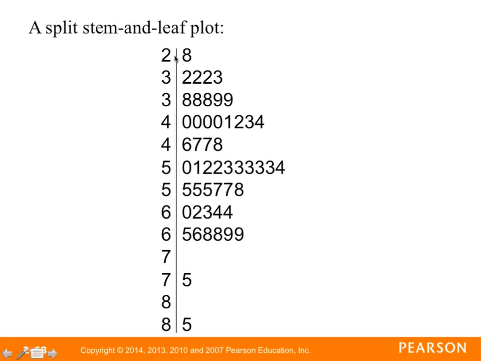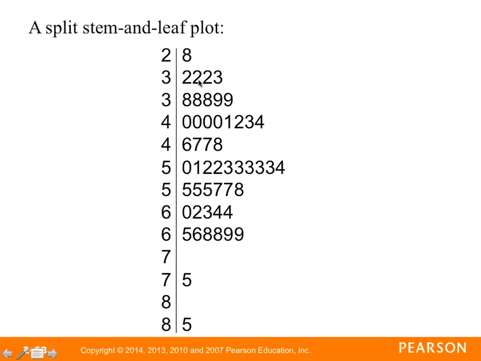So what was done here is 2.8 is our smallest observation, 8.5 is our highest. So what happens here is you'll see that we now have 2 categories for 3, 2 categories for 4, 2 categories for 5, 6, 7, and 8. The only reason we don't have 2 categories for 2 is because our smallest observation was 2.8.